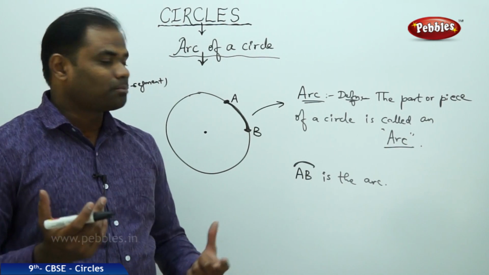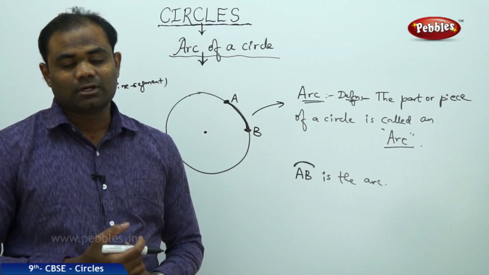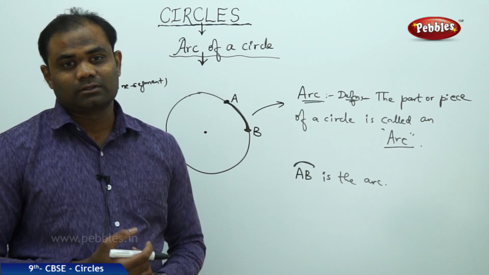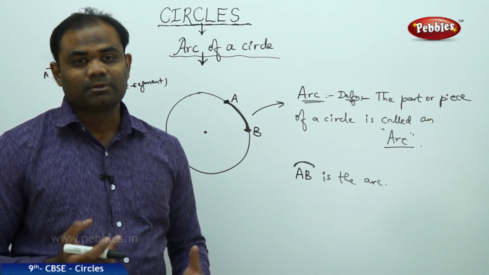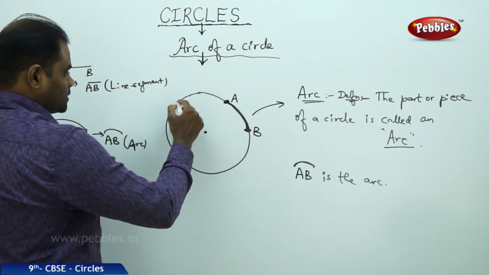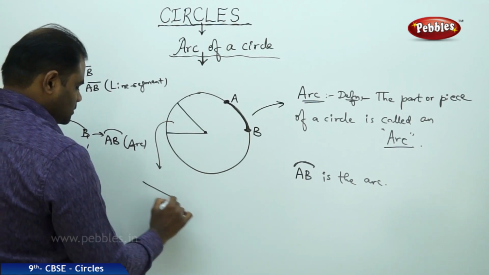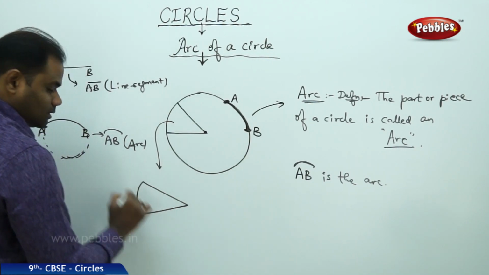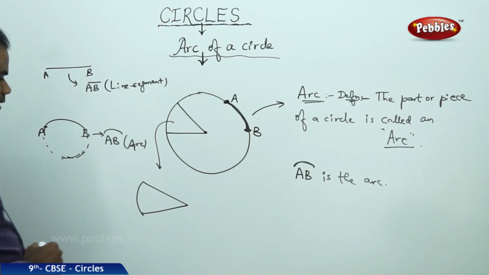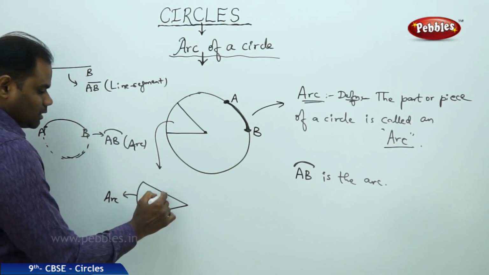The part or piece of a circle is called an arc. That is how we understand the arc. An example in real life is a pizza. When you take a pizza and cut a slice, we get the piece of pizza, and the outer part of the pizza piece defines an arc.